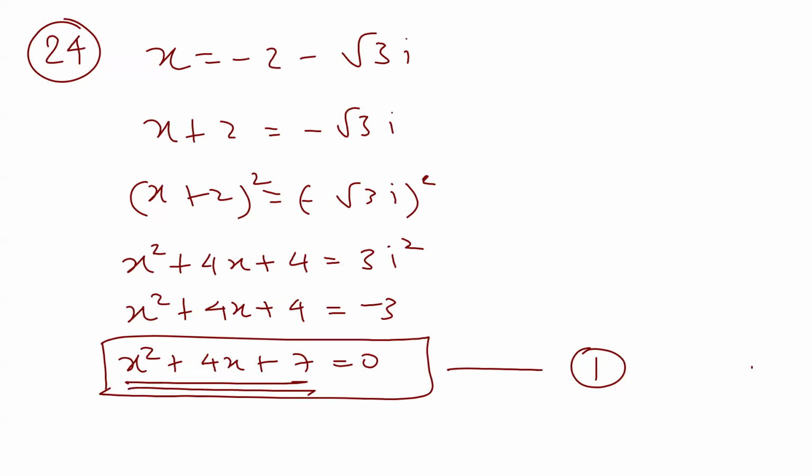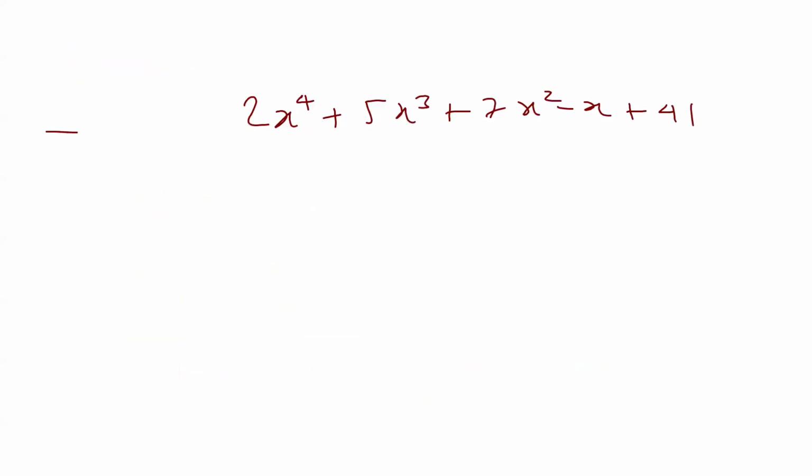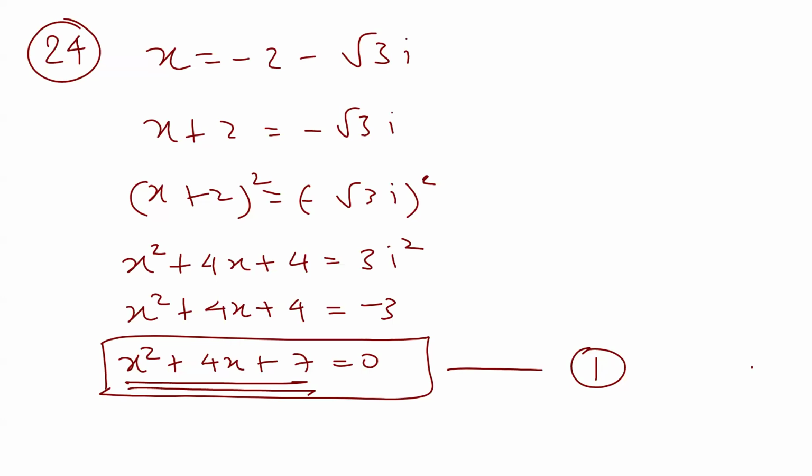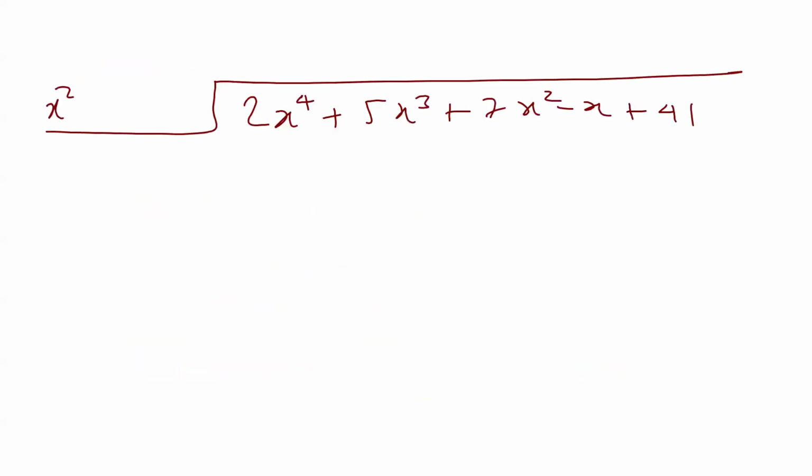Now this left hand side, you make it as a divisor. So divisor is equal to x square plus 4x plus 7. Now this is long division method. X square into what will give you 2x raised to 4? It will be 2x square.